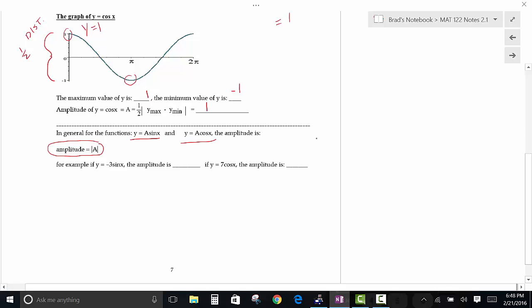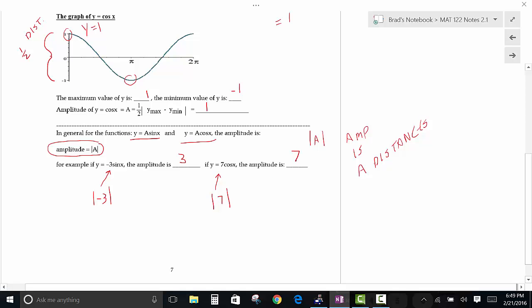The reason it's absolute value is because amplitude is a distance, and distances are always positive numbers. If you had these two examples, very simple: the amplitude is the absolute value of that number in front, so that would be 3. And on this one, the amplitude is the absolute value of 7, so that amplitude would be 7.